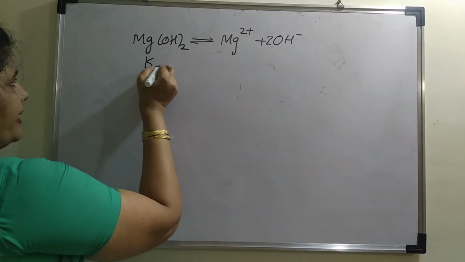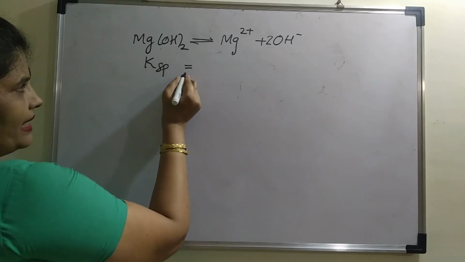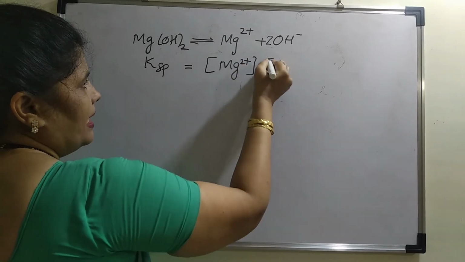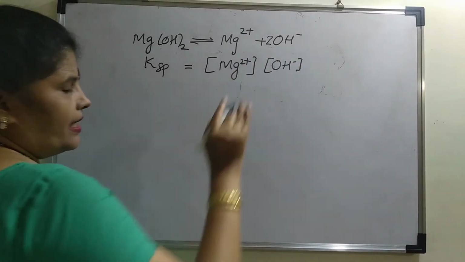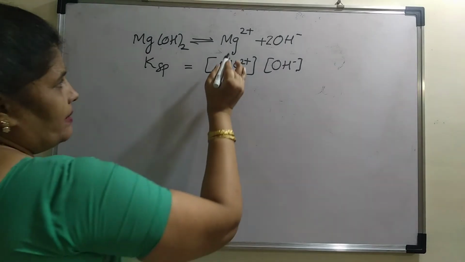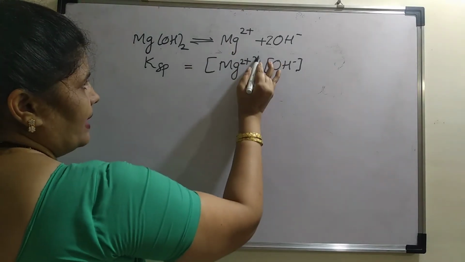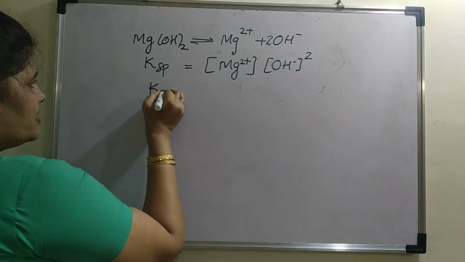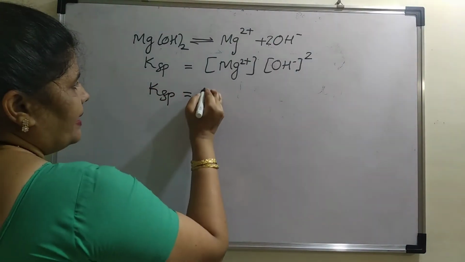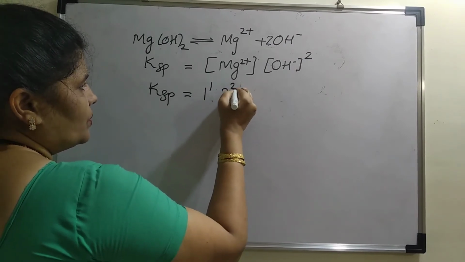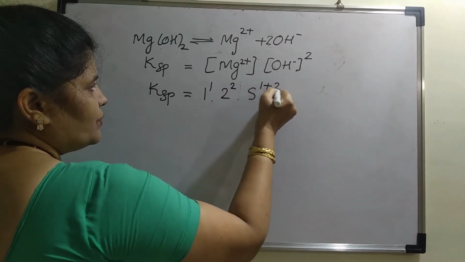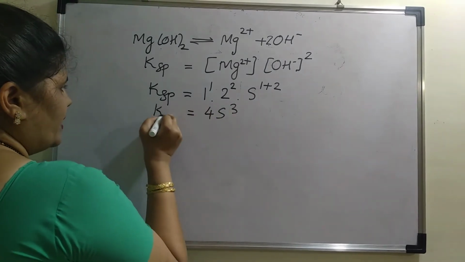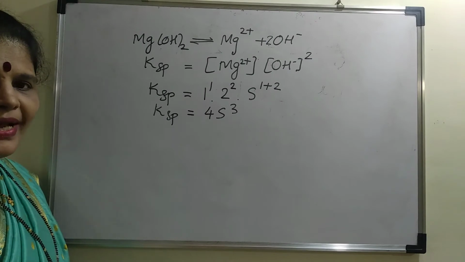Below this, I will write Ksp is equal to Mg 2 plus and OH minus. Now, where to raise the powers? It will be 1 here. This is 2, so it will be squared. Next, Ksp is equal to 1 raised to 1, 2 raised to 2, S^(1+2). So it will be 4S cube. So Ksp is equal to 4S cube.